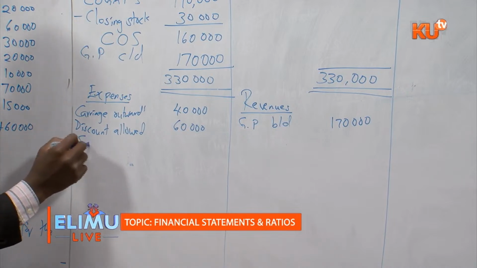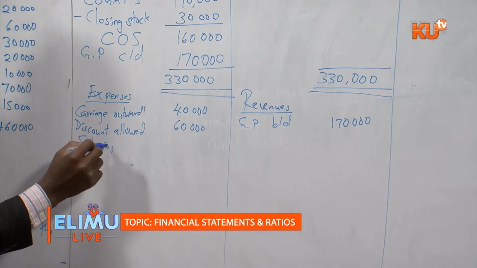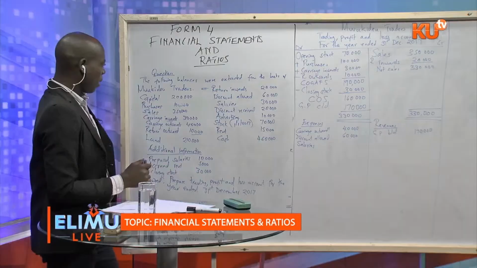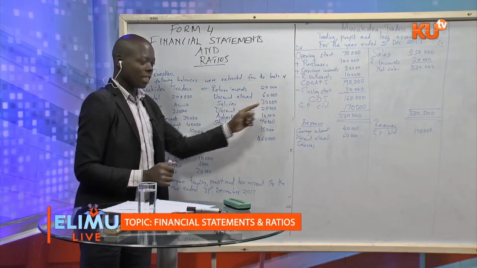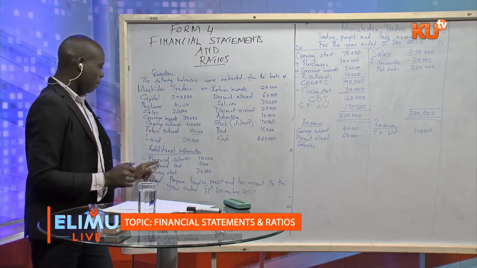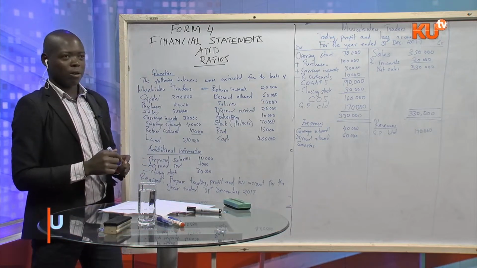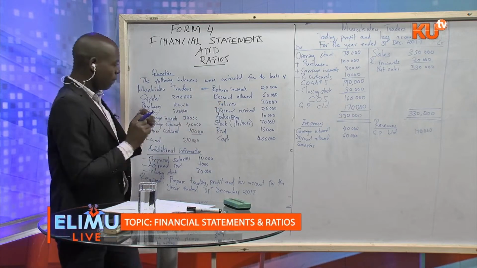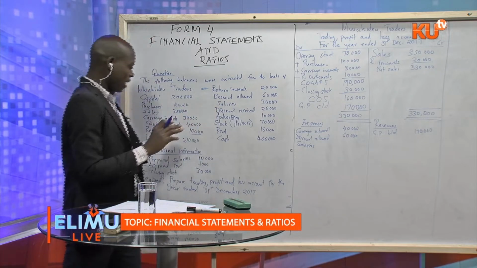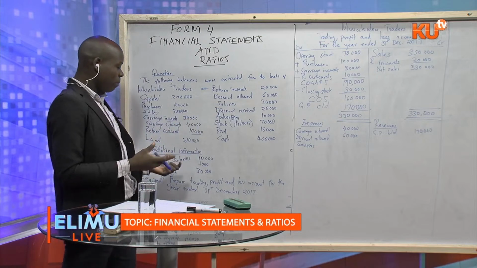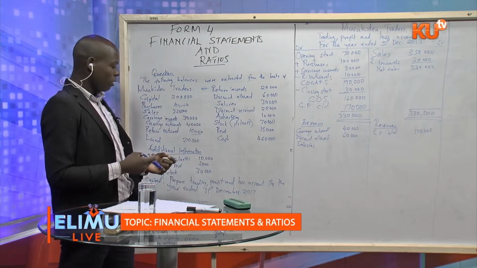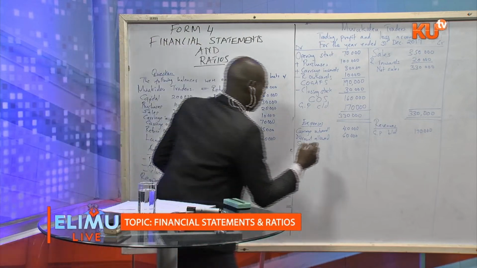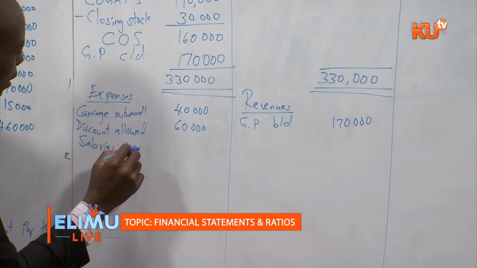Salary is an expense again. Unless stated otherwise, salaries will be an expense. Something you need to remember. Salaries is given us 30,000. Prepaid salaries is given us 10,000. We have to make an adjustment because we have the value for the salaries within the year, and then we had made prepayments before. So we had made prepayments of 10,000 and the figure is 30,000. So we said when you have prepaid expense, we simply subtract.